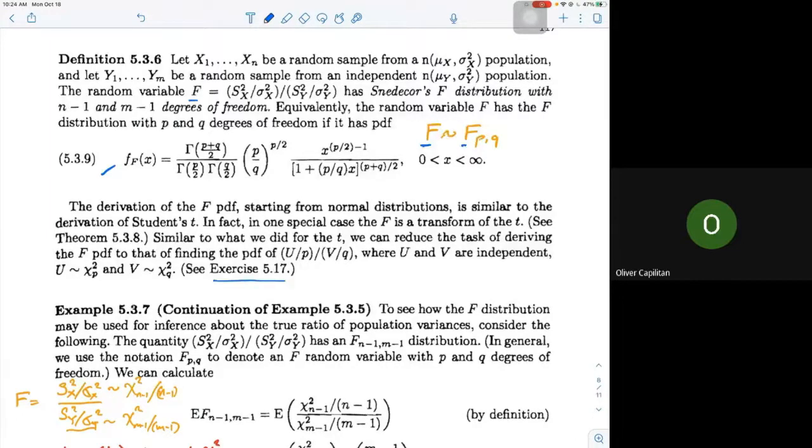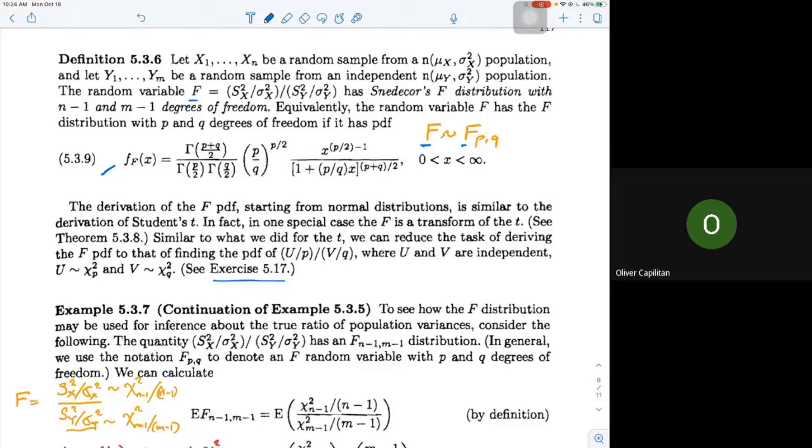You have your original random variables, U and V. U has a chi-square distribution with p degrees of freedom, and V has a chi-square distribution with q degrees of freedom.